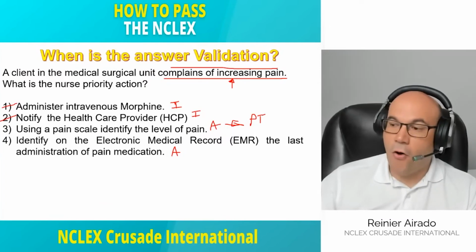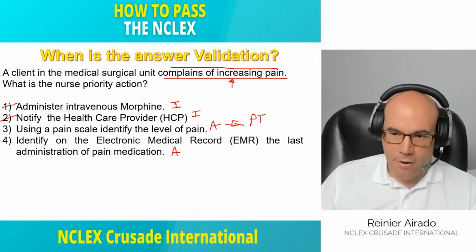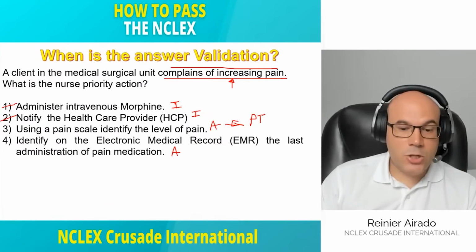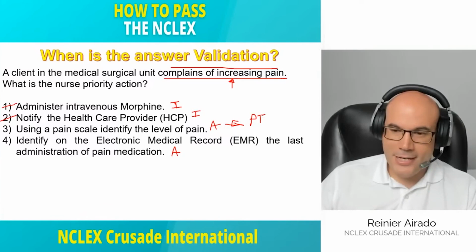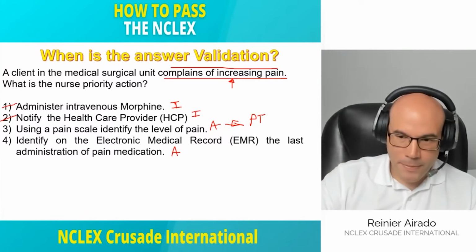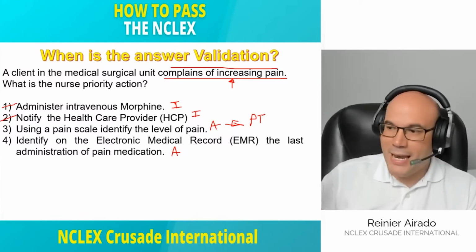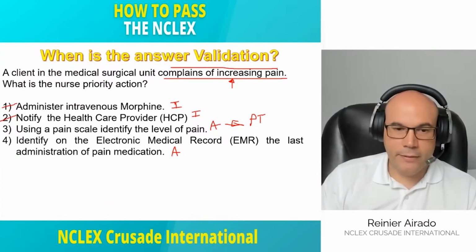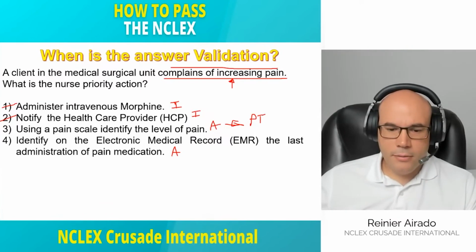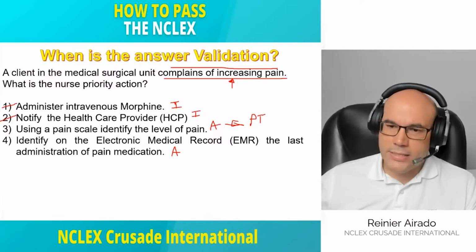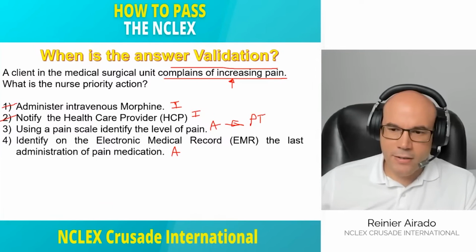So why is 4 not a better answer? Because answer number 4 focuses on the patient's chart, not the patient's problem. The chart, when was the last time that medication was given? And you may say, but that is important. I need to know when was the last time the medication was given.